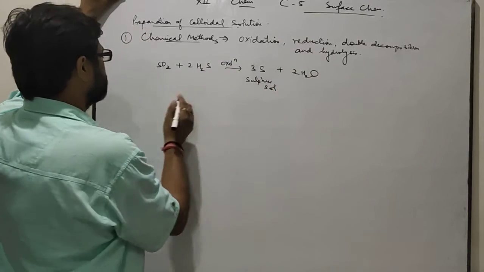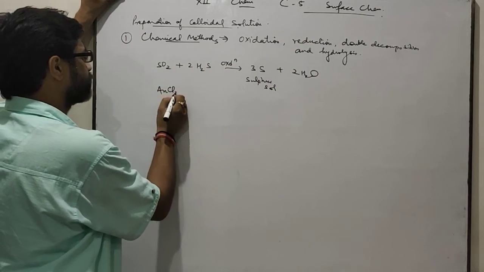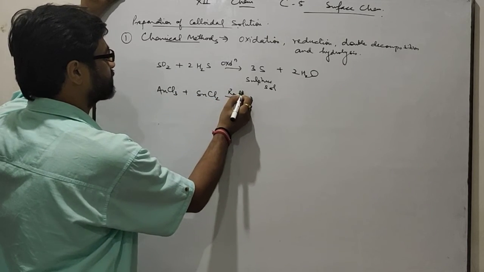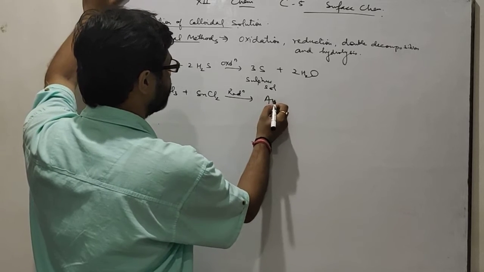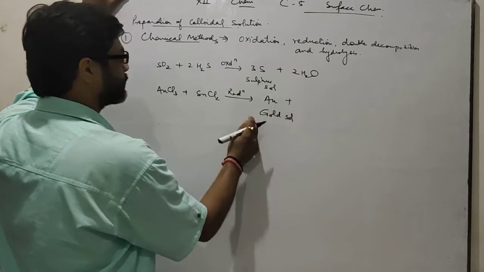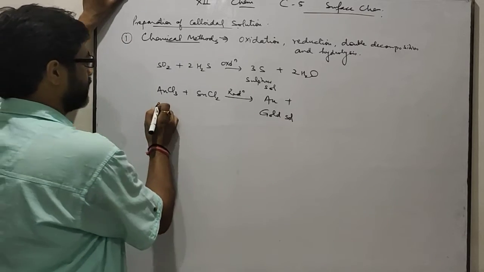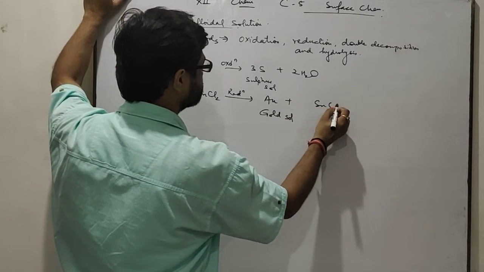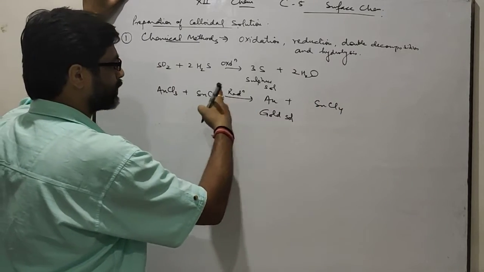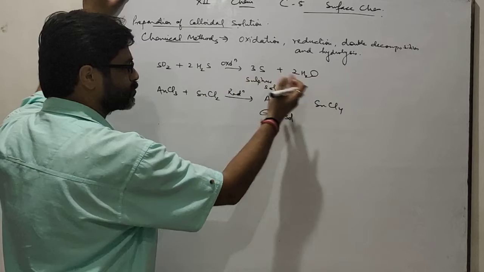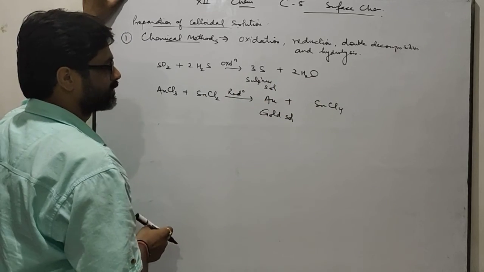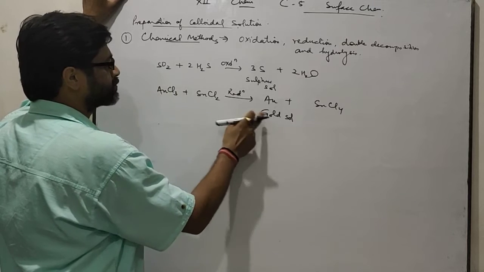In the reduction method, gold chloride is reduced with stannous chloride. This is the reduction process. It forms gold sol. Gold sol is prepared by reduction of gold chloride, and it forms SnCl4, stannic chloride. Stannous chloride is oxidized to stannic chloride, and gold chloride is reduced to gold sol.